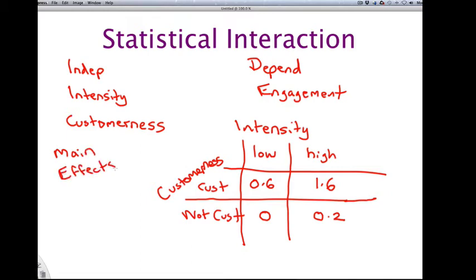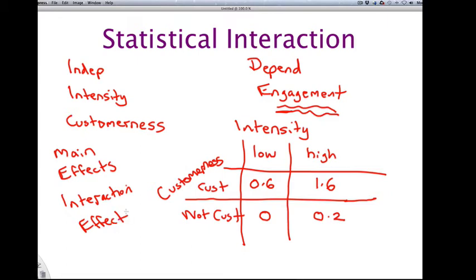Two main effects: one is that being a customer increases engagement, and the other is that increasing the intensity of social media use increases engagement. But the effect that I'm interested in discussing now is the interaction effect.